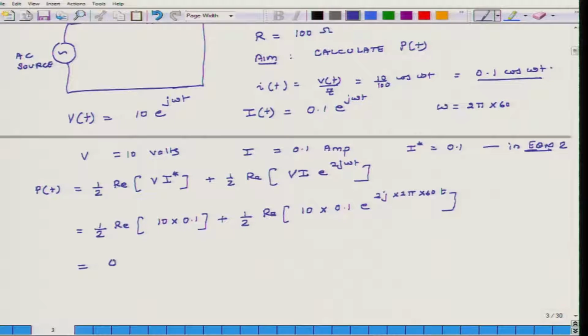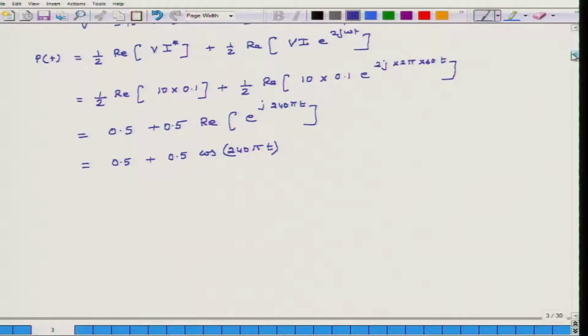So, this equals 0.5 plus 0.5 real of exponent j times 240 pi t, and that equals 0.5 plus 0.5 cosine 240 pi t.